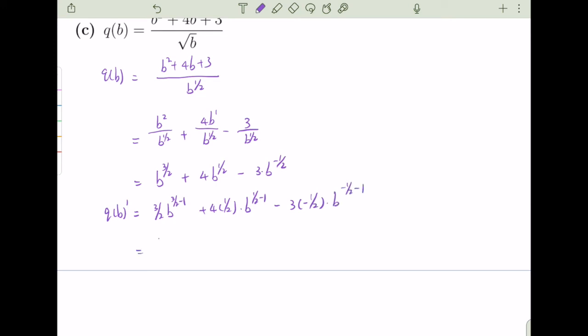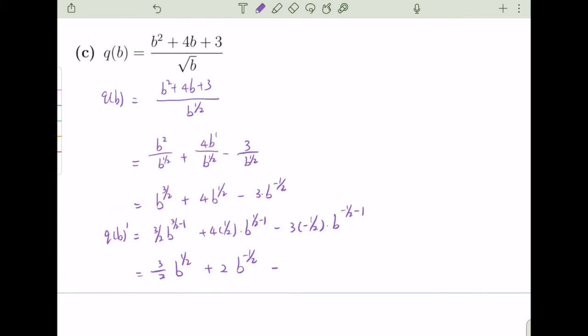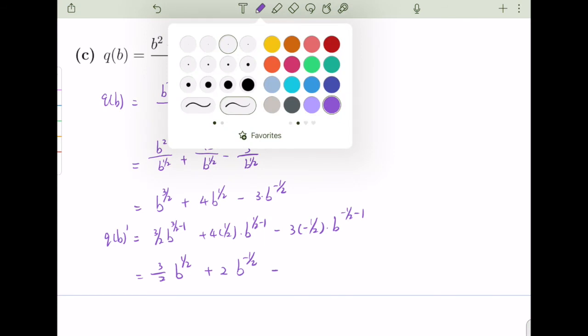And now we have b to the 1 over 2 plus 2 b to the negative 1 over 2, minus, oh, I did something wrong here.